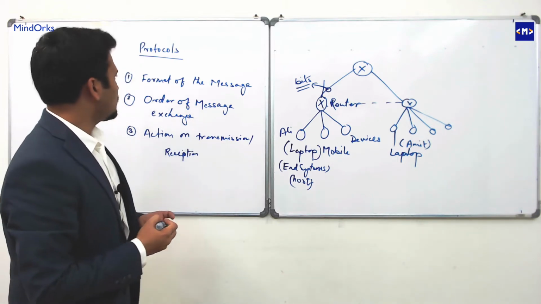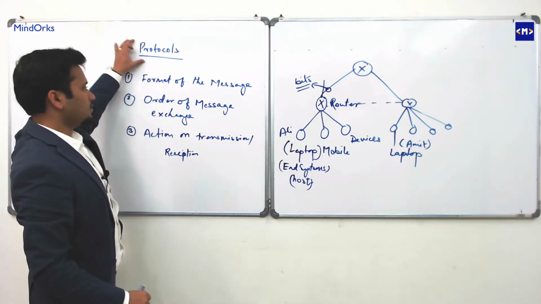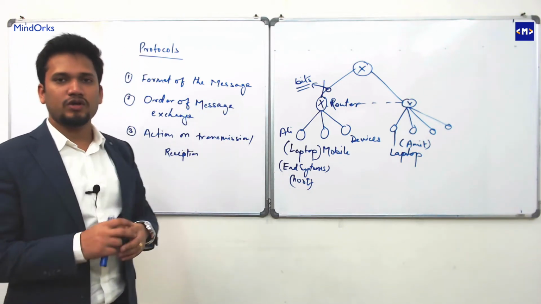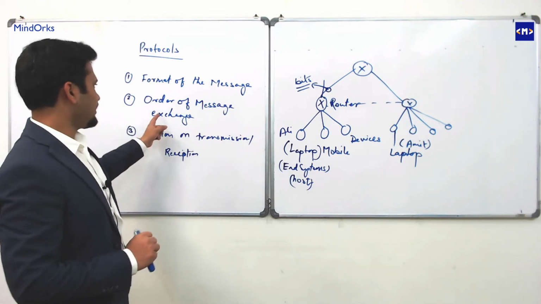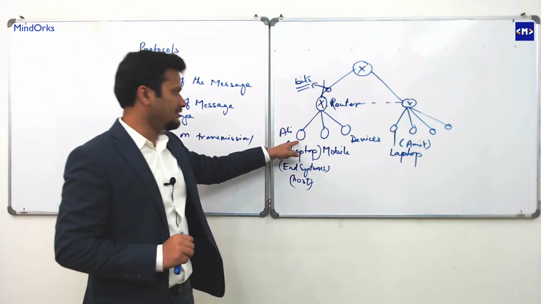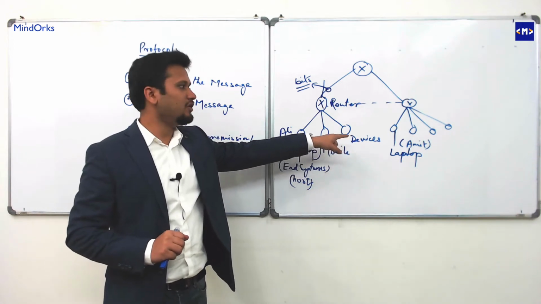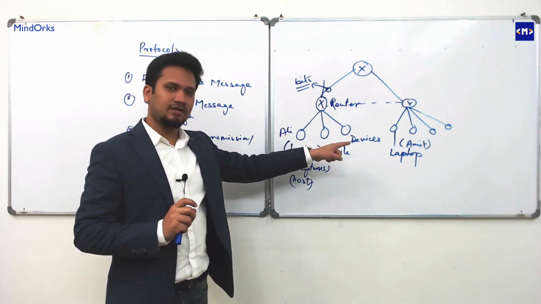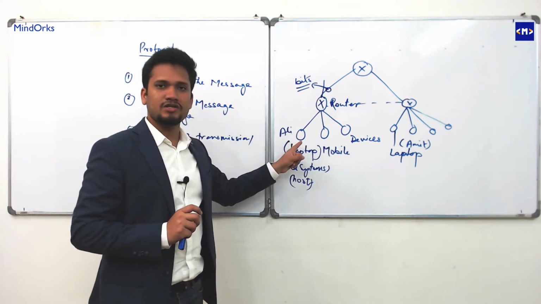So the protocol defines the structure of the message that I am sending, and it defines the sequence of message exchange. For example, if I am sending a message, he will not send one; he will wait for reception. When he receives it, he will send me an acknowledgement.